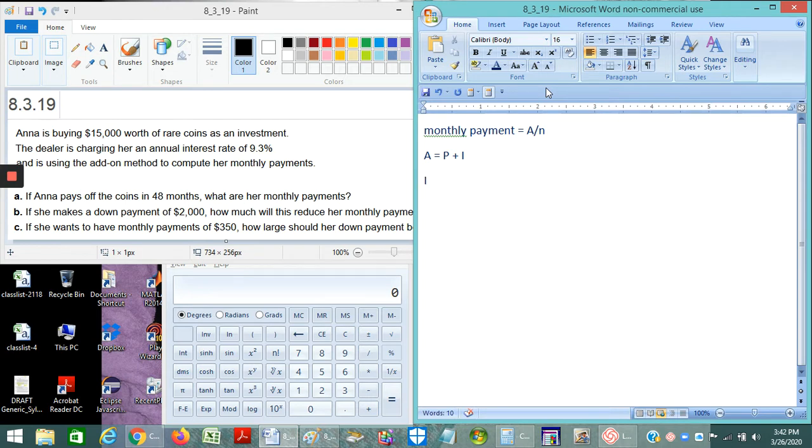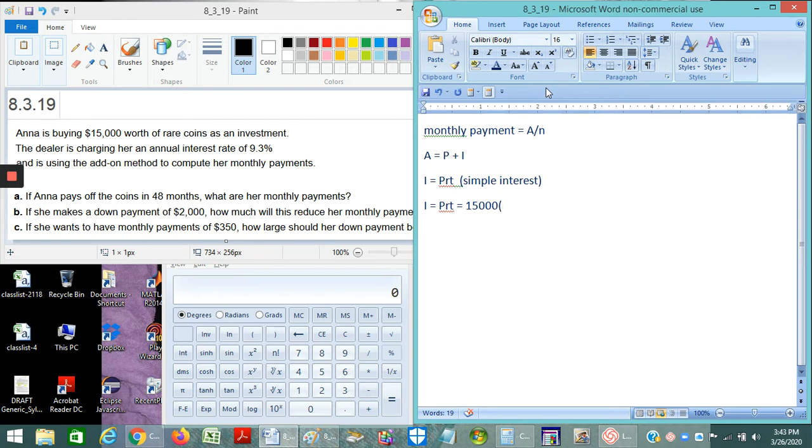The interest formula for simple interest is P times R times T, right? And this is simple interest. Now, in our example, P is that $15,000. So I is PRT, which is 15,000 times the rate, R, which is 9.3%.